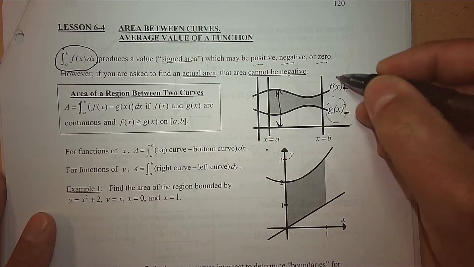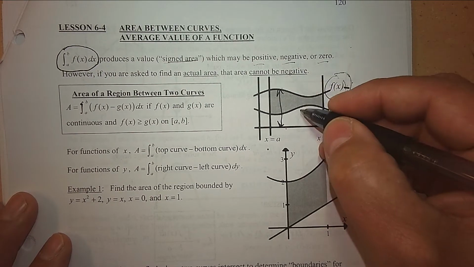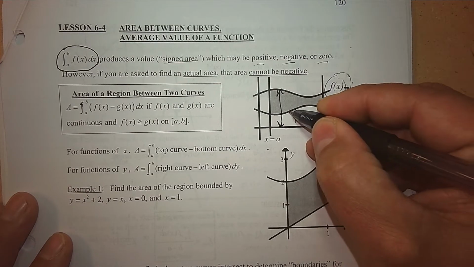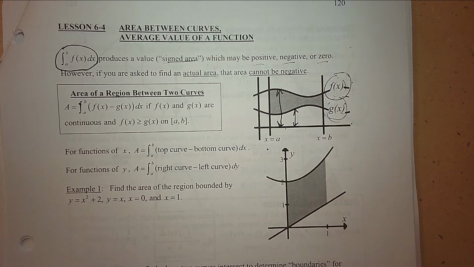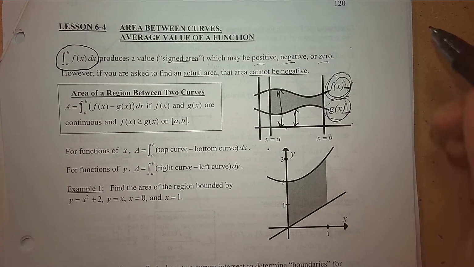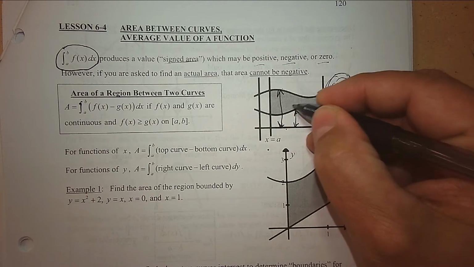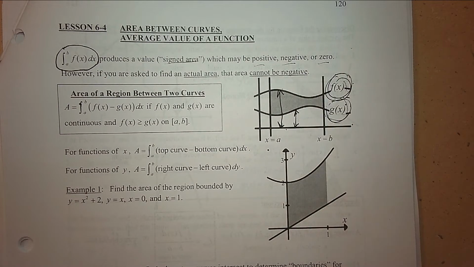If I just did the bottom, it's the area here, from that curve down to the x-axis. Does it make sense to you that when you subtract those two answers, what's left over is the area in between?